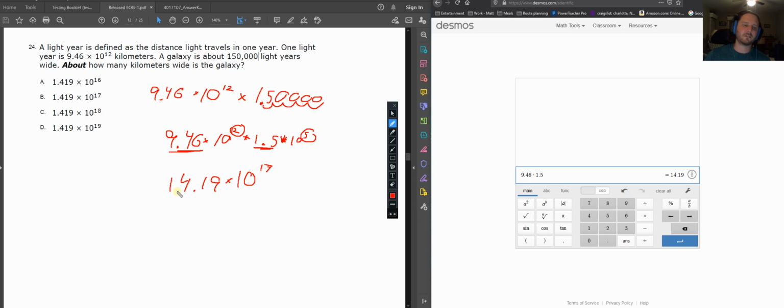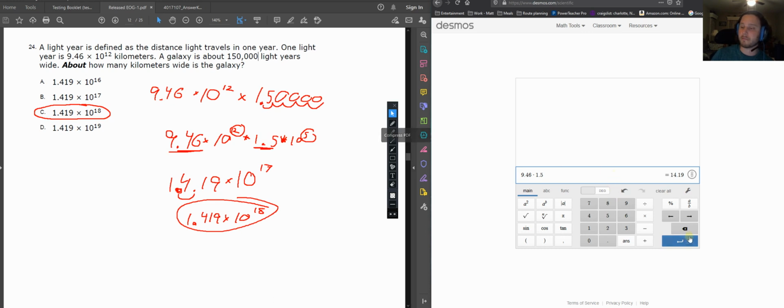But I would need to, of course, move the decimal to the right by 1, which means this is going to increase by 1 as well. There we go. So no matter which way you do it, it might work.